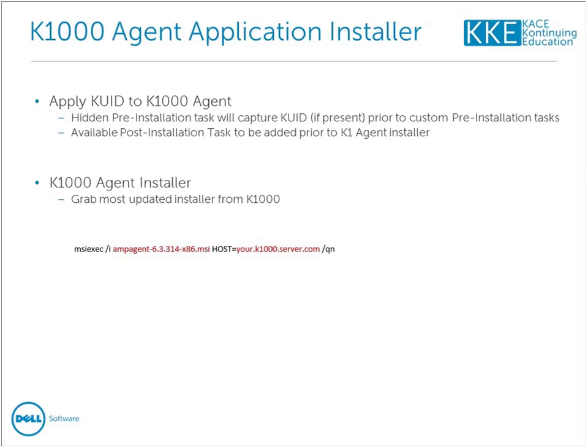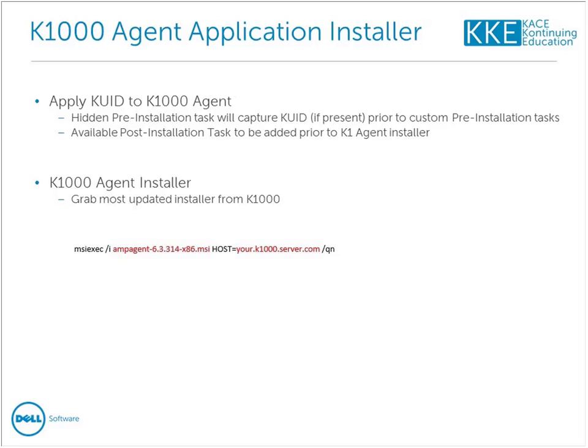Then when we reinstall the K1000 agent, we want to add this task prior to the K1000 agent installer. Technically, it will work post, but we always recommend prior. It's going to apply that KUID back down to that machine so that the same device and asset trail in your K1000 will be preserved.